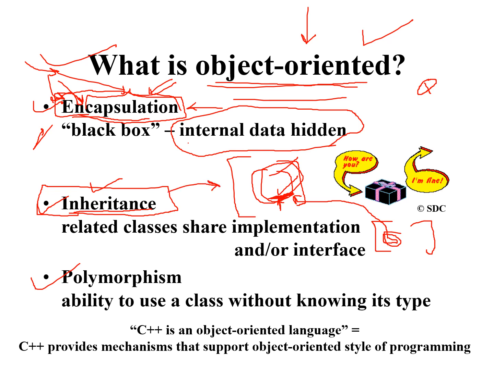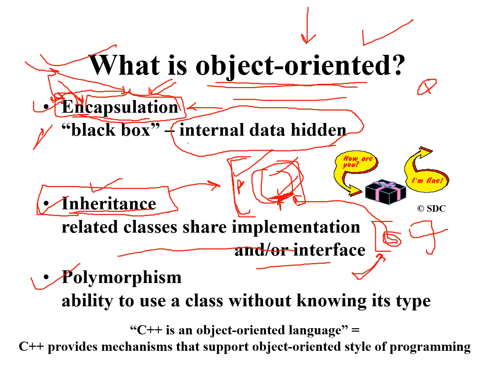The above class will be known as the parent class, and this class will be known as the child class. Now I hope you have understood the meaning of inheritance. Related classes share implementation or interface. That is what I was trying to explain in simpler words.